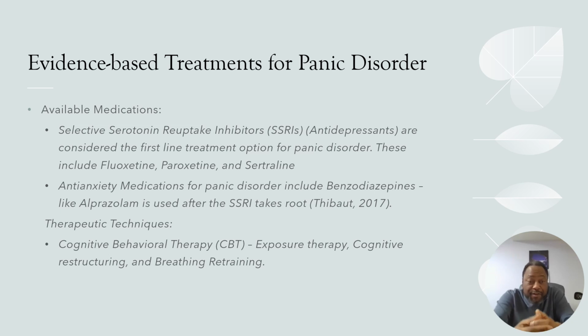These include fluoxetine, paroxetine, and sertraline. Other medications, which fall more under the anti-anxiety medications for panic disorder, include benzodiazepines like alprazolam, which is used after the SSRI takes root.